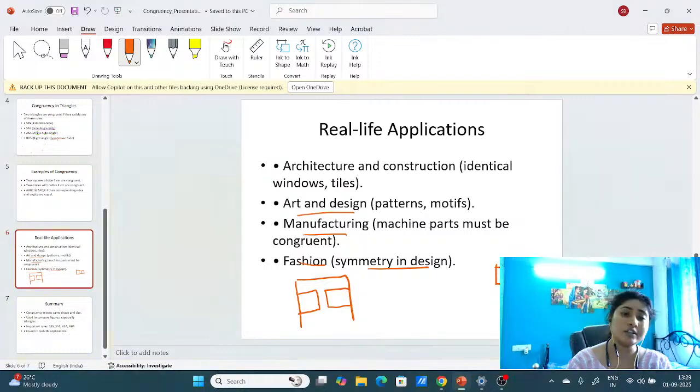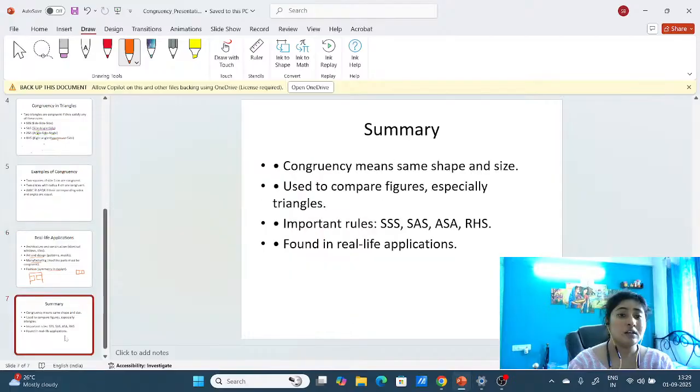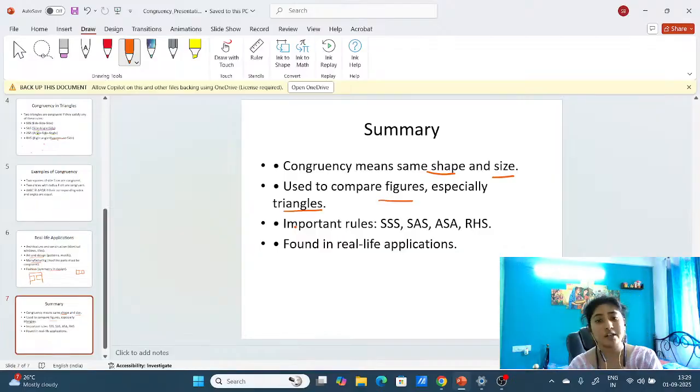So what we learned today, we will just recap shortly. Congruency means having the same shape and size, used to compare figures, and especially we have learned about triangles. And what are the important rules?